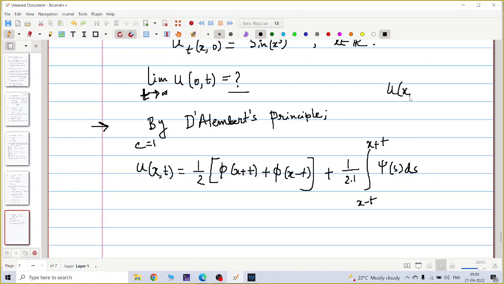Phi is u(x, 0), and u_t(x, 0) is my psi of x. That is my notation.